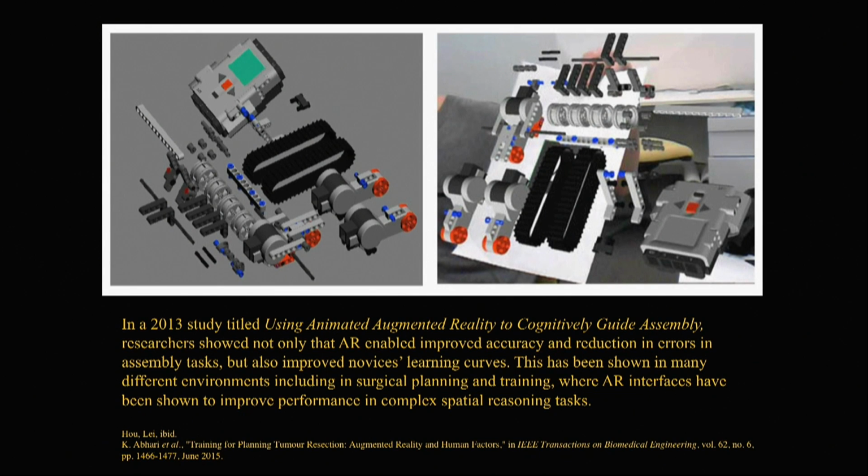So this is a study that was done in 2013 called Using Augmented Reality to Cognitively Guide Assembly. And this was a really interesting one for me because it was able to show not just improved accuracy and reduction in errors, which had been done before, but they were actually able to measure a reduction in cognitive load in the participants.